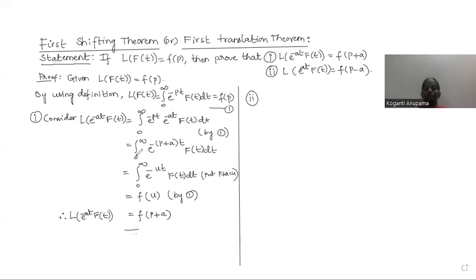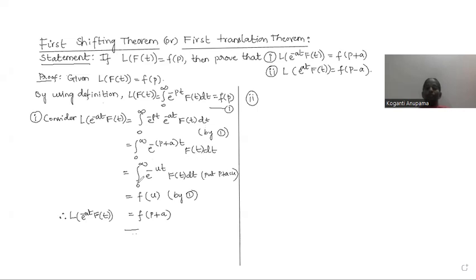Next step, that equals the integral from 0 to infinity. Here, e power minus pt and e power minus at are both in multiplication and the bases are equal, so we can add their powers. And in the powers, we can take minus t as common. Then we get the integral from 0 to infinity of e power minus of p plus a times t, f of t dt as it is.